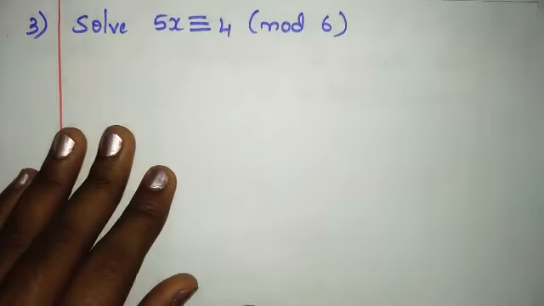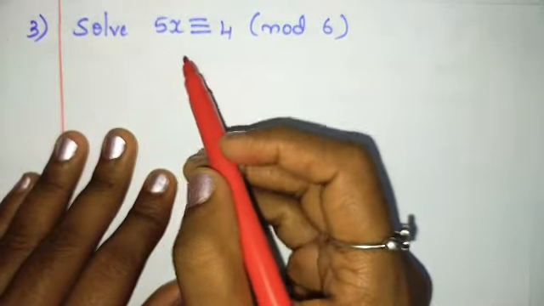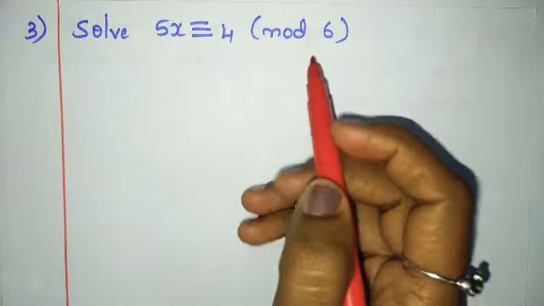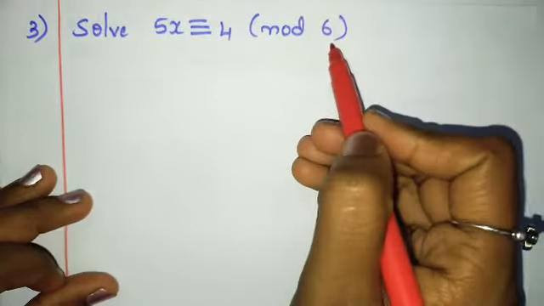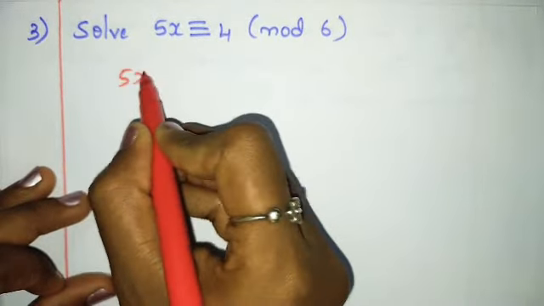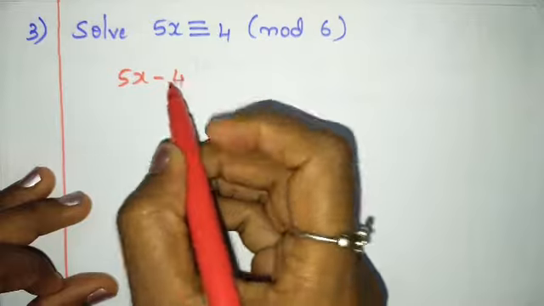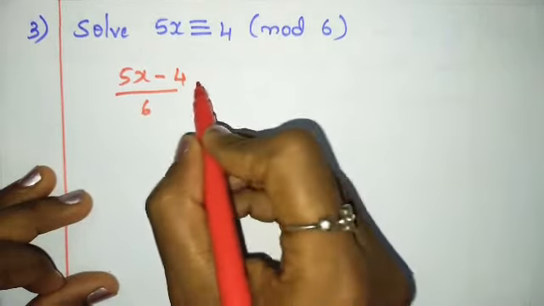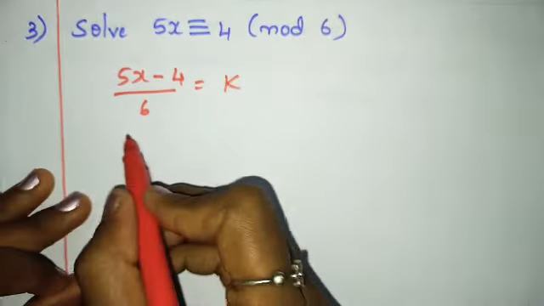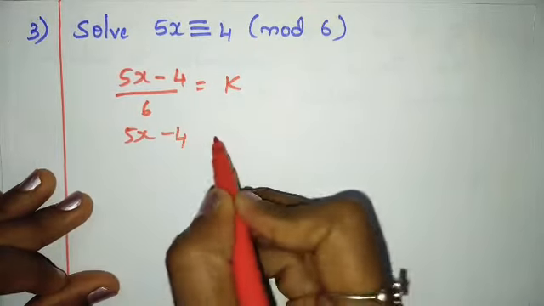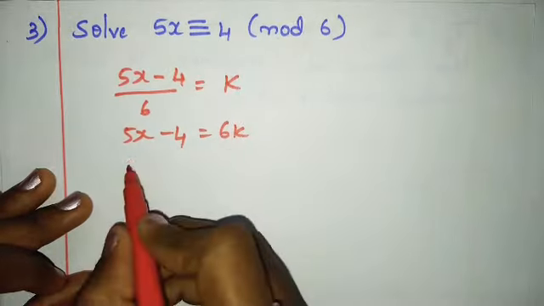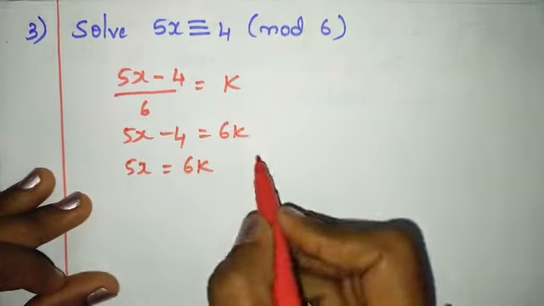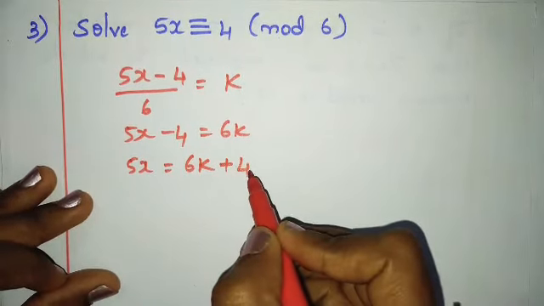Got it? Next sum: solve 5x congruent to 4 mod 6. Same procedure, a minus b divided by n, that is 5x minus 4 divided by 6 is equal to some random k value. So 5x minus 4 is equal to 6k. Now 5x is equal to 6k, shift this minus to that side, which becomes plus 4.